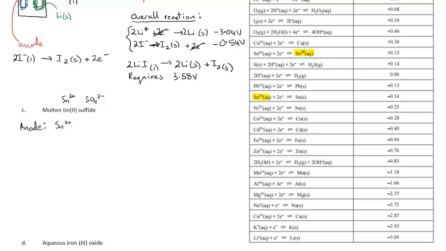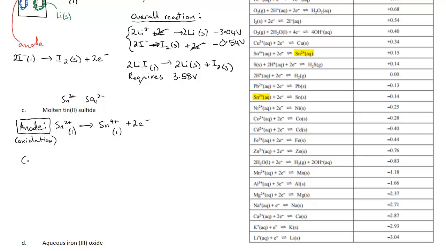So it can only be this tin up here breaking down into tin 4+ plus 4 electrons. Because remember, at the anode you have oxidation. And this is molten, so there's no water to take into account, there's just liquid. So that's at the anode.